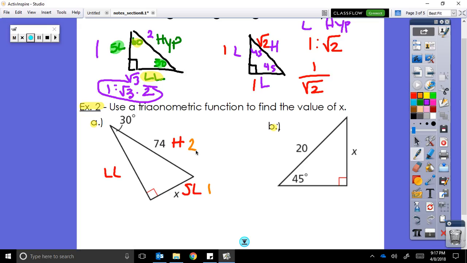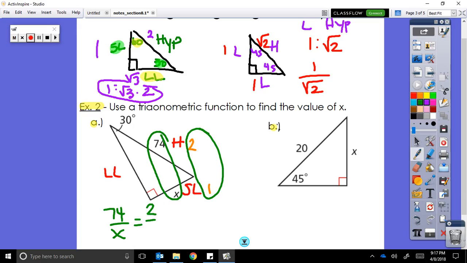So here, this now is really easy once you get your labels. We're going to make a fraction. 74 over x equals, and then here's your other fraction, 2 over 1. Then it becomes a cross multiply problem. So 74 times 1 is 74 equals, and then I'm going to cross multiply the other direction.